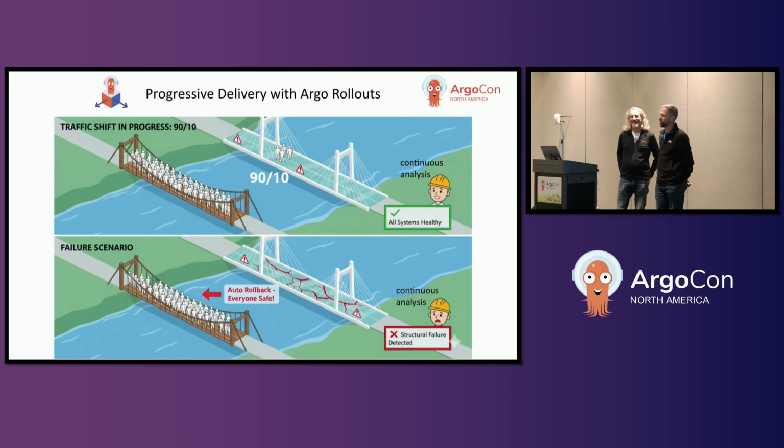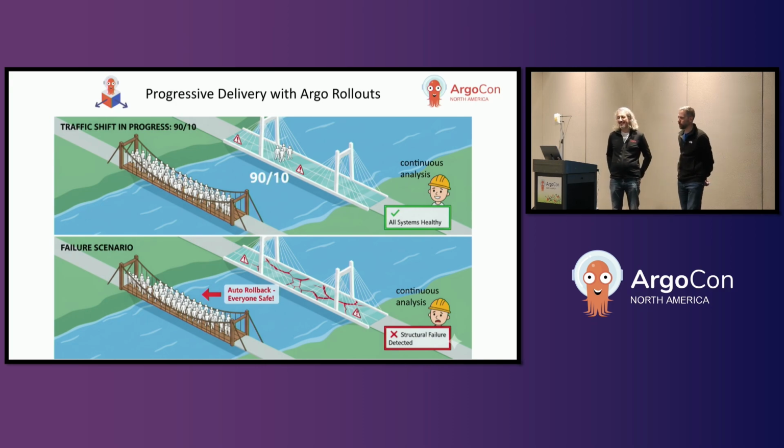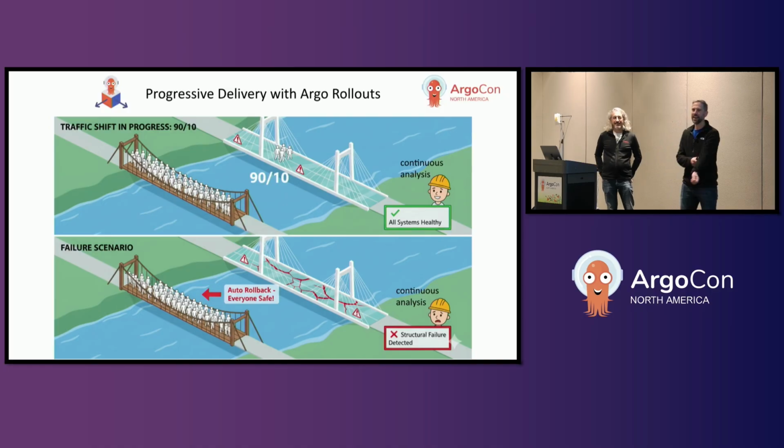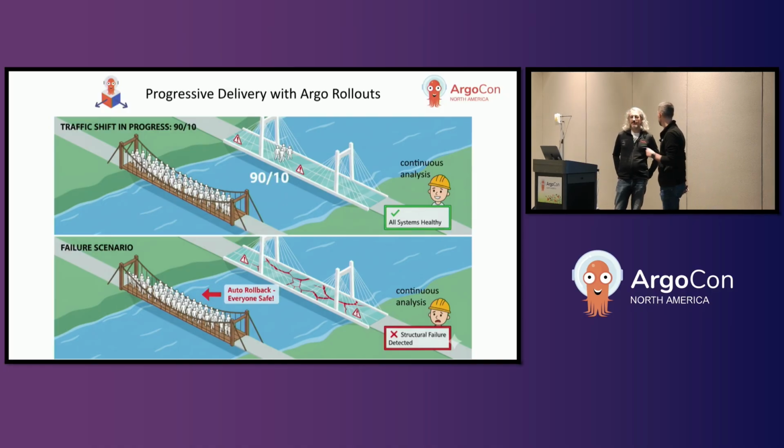For those who don't know what Argo Rollouts is or what progressive delivery is, what you can accomplish with Argo Rollouts, I tried to create this with AI, of course, to show what it means in a non-software diagram, because sometimes it's nice to show it in a different way.